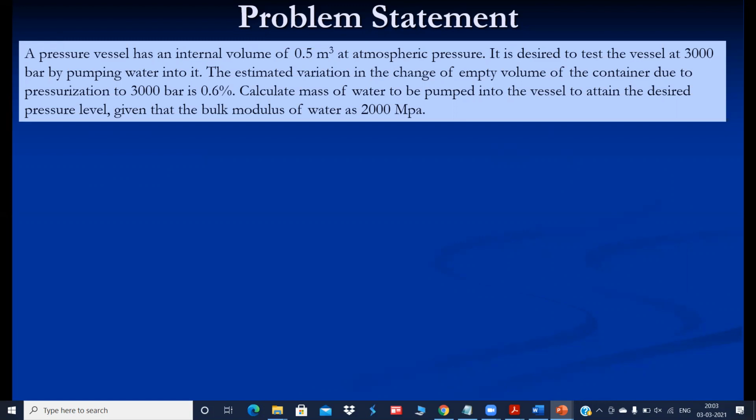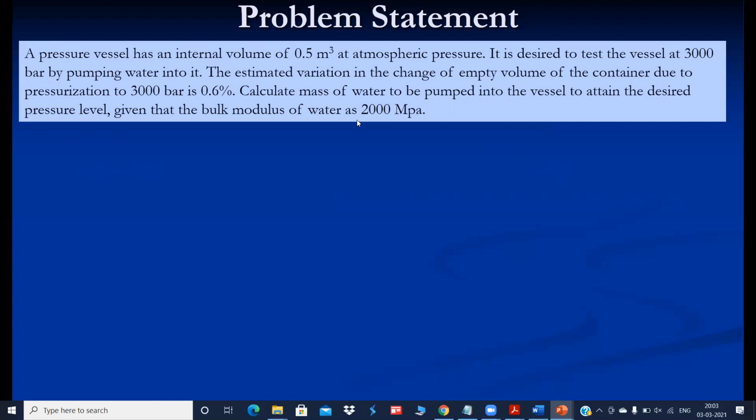The estimated variation in change of empty volume of the container due to pressurization to 3000 bar is 0.6%. Because of the pressurization, the pressure vessel is slightly expanded and its expansion is 0.6%.